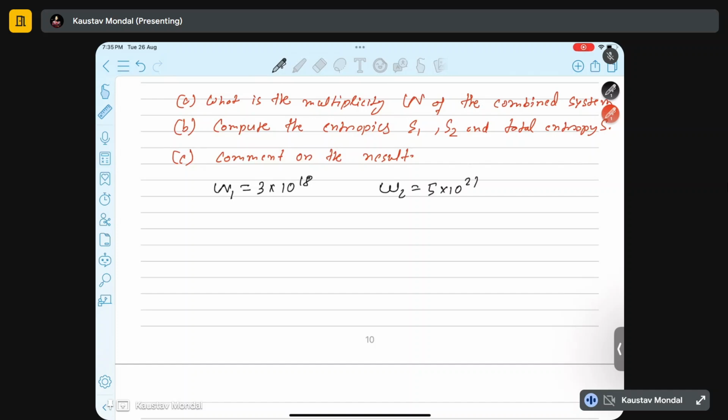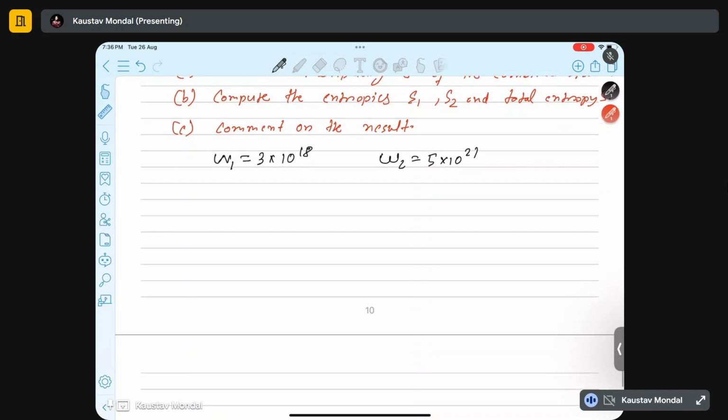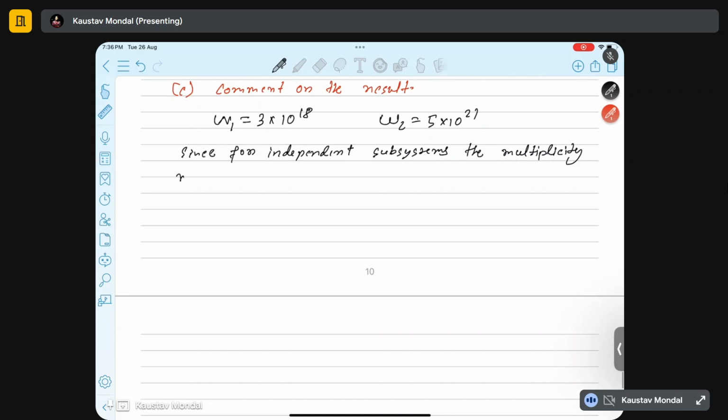Since the subsystems are independent, the multiplicities multiply.